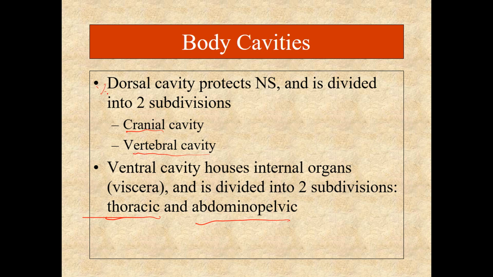So that's really it for the dorsal. So we have the ventral cavity. Here are two major subdivisions, thoracic and abdominopelvic. The divider between these two is going to be the diaphragm. Okay, so we'll take a look at this thoracic, subdivide that. Take a look at this abdominopelvic, subdivide that.